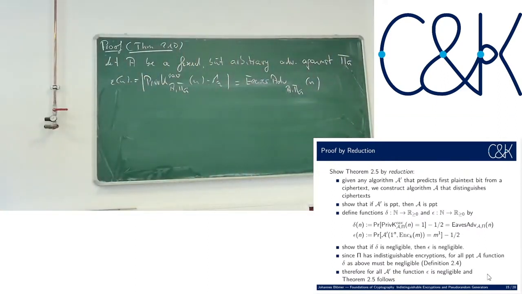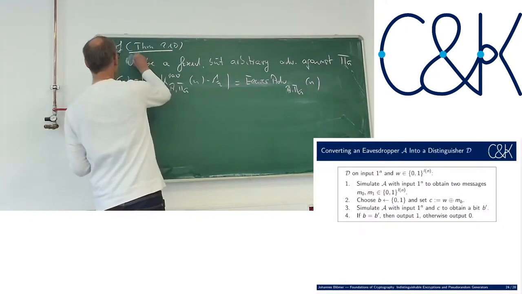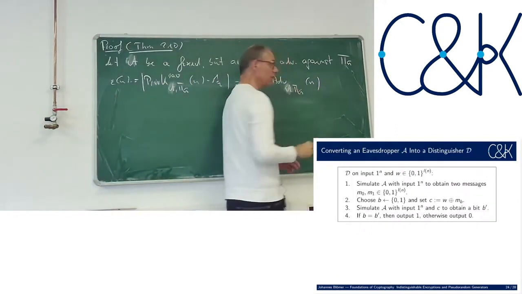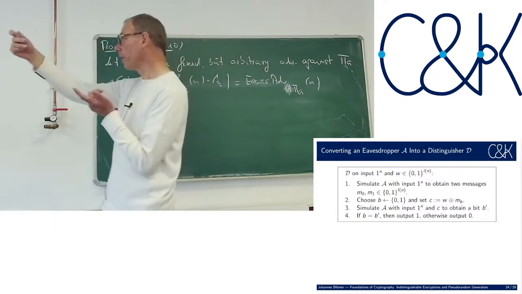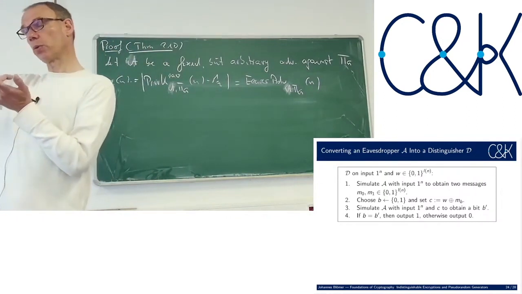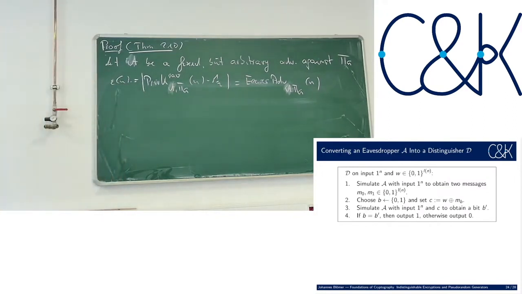Then we now define our D. Now we have to convert this eavesdropper against pi G into a distinguisher against G. And what it does is the following: D on input 1 to the n and a bit string in 0,1 to the L of n.